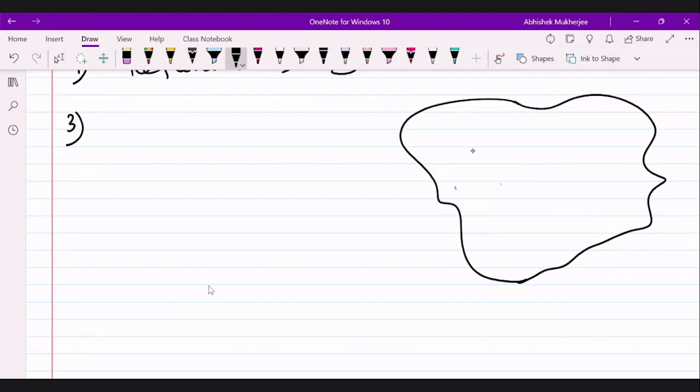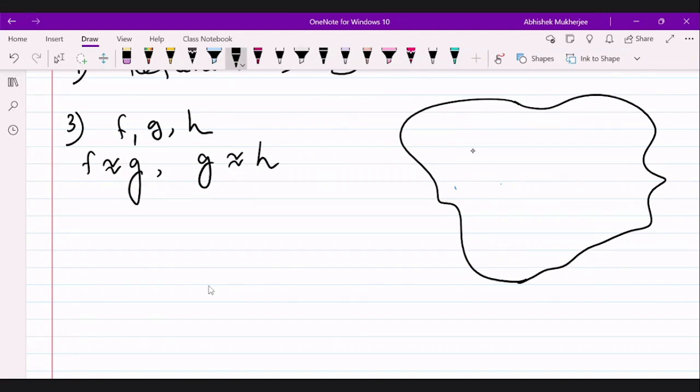Let us take three continuous maps, F, G, and H. Assuming that F is homotopic to G and G is homotopic to H, you are going to claim that F would be homotopic to H. So that is your claim.